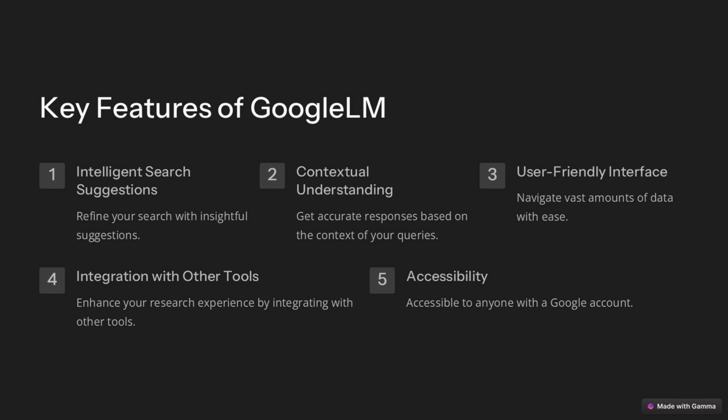Here are some key features of Google LM. Intelligent search engine: Google LM analyzes your queries and provides insightful suggestions that can help refine your search, guiding you towards more relevant information. Contextual understanding: the model understands the context of your queries, allowing it to provide more accurate and meaningful responses based on the information you are seeking.